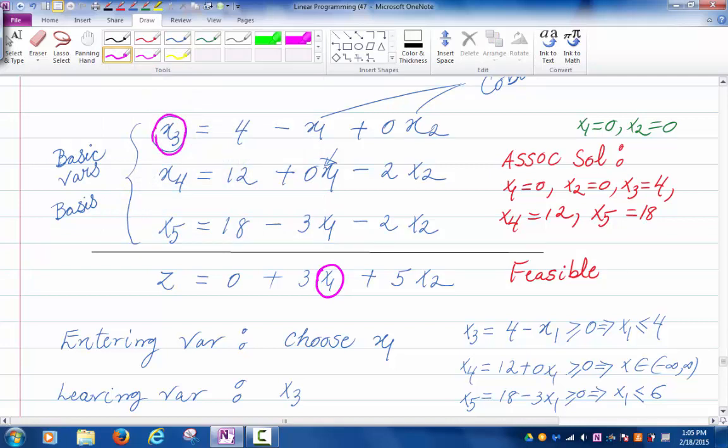And once I have chosen my entering and leaving variables, then what did I do? I look at the constraint corresponding to the leaving variable. Which constraint corresponds to the leaving variable? The first one. I look at that one.